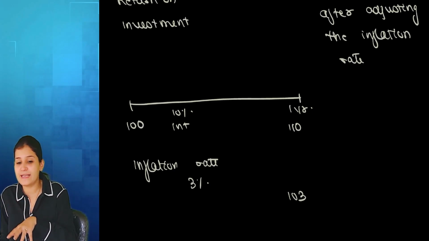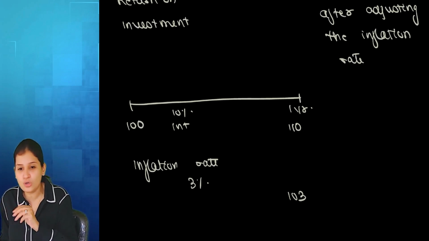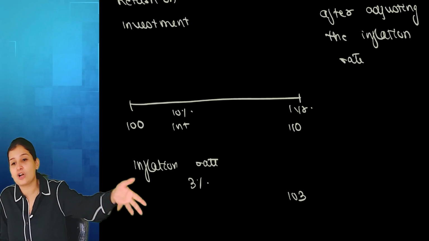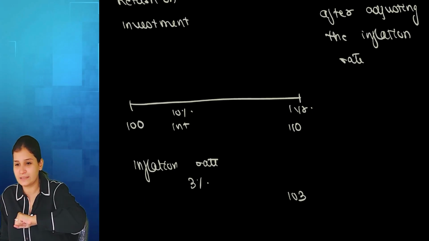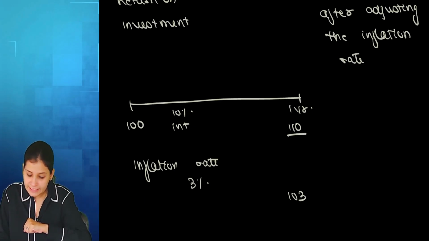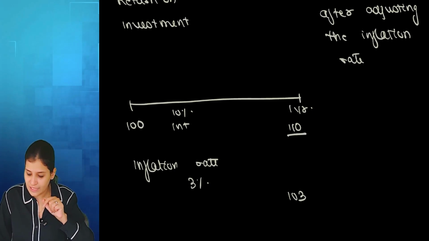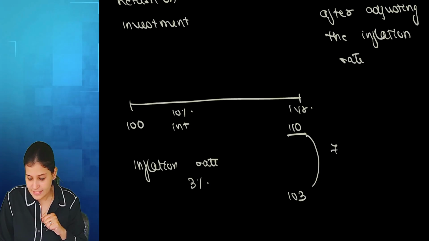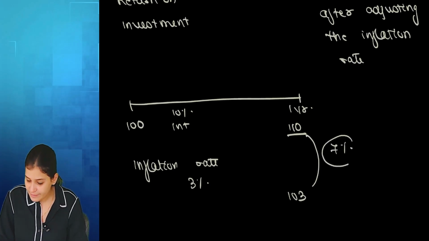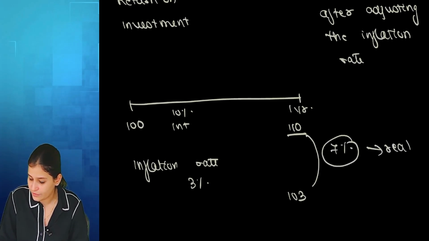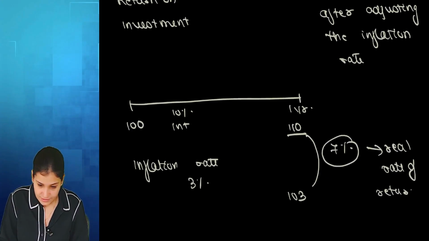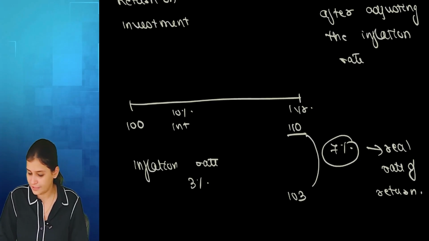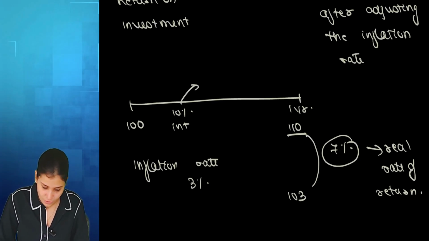So that 100 rupees has automatically turned to 103, and now you are getting 110. So actually you are earning a profit of 7%. This 7% is the real rate of return, where I've adjusted the inflation rate. And this 10% was the nominal rate.